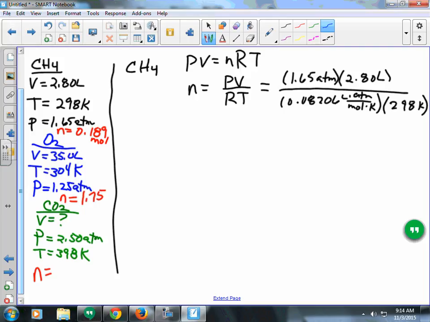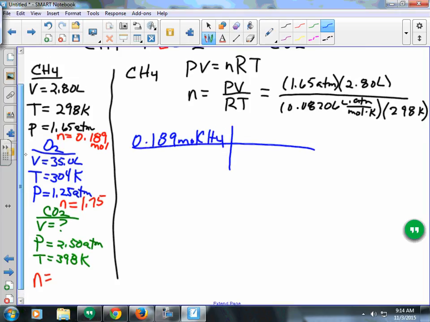Take each of these moles of gas and change it to your product. Whichever one forms the least amount of product is your limiting reactant. And that tells you how many moles of CO2 you got. So we change it from moles of CH4 to moles of CO2. So 0.189 moles of CH4.